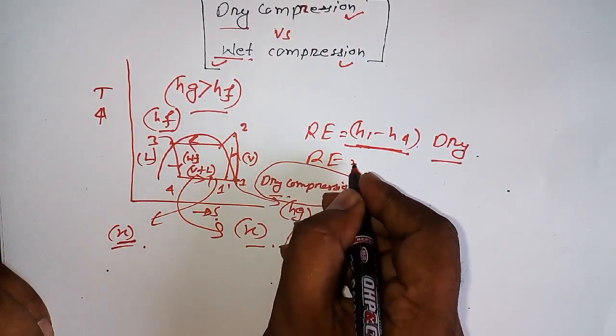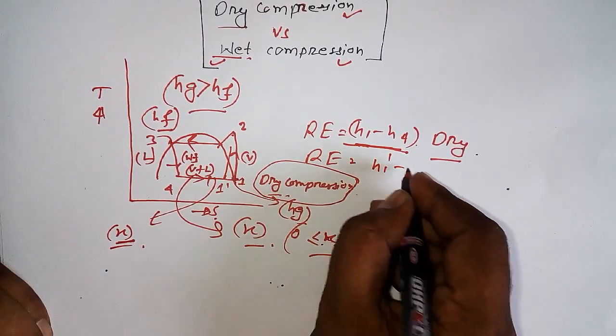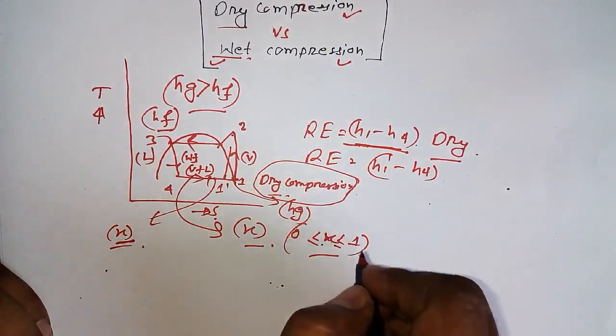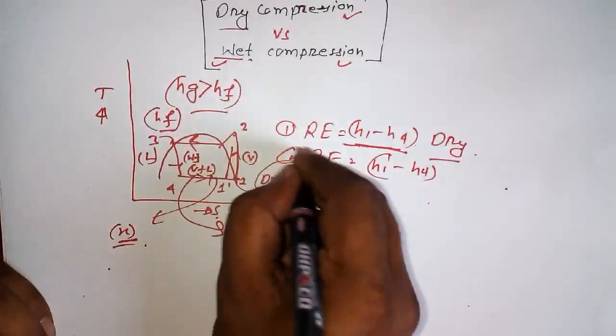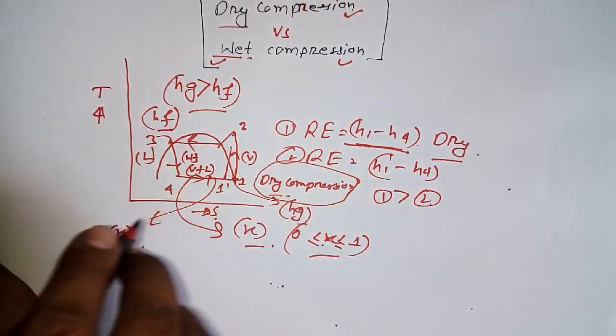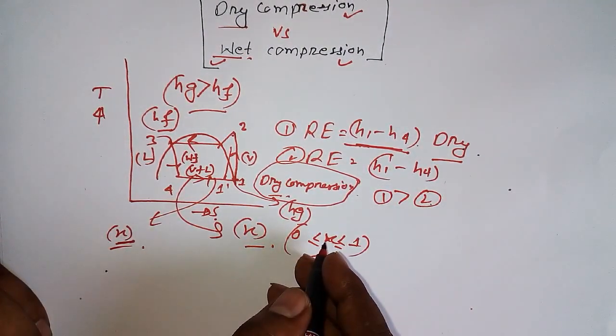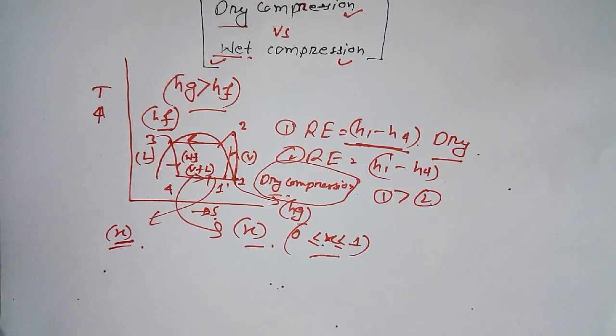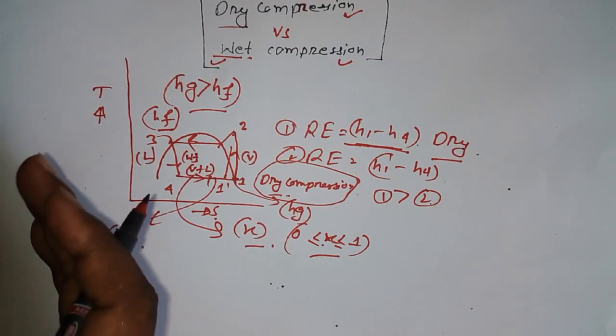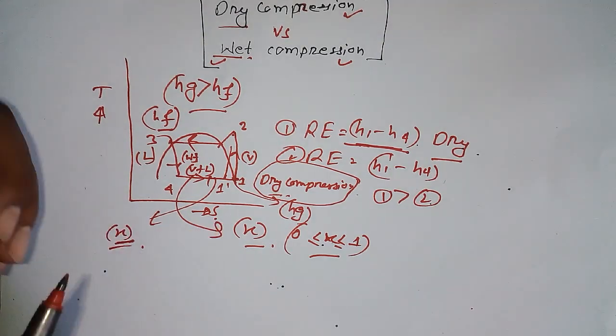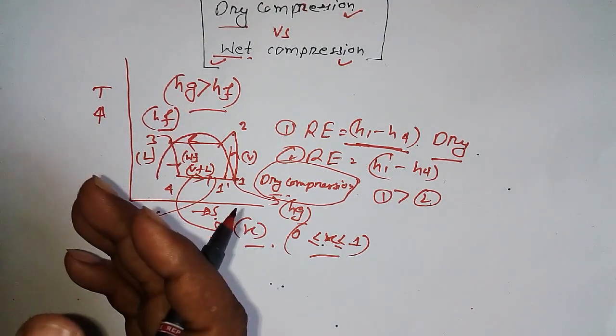If there is wet compression, then it is H1 dash minus H4. So which one is more, the first one or the second one? Obviously the first one is more than the second one. So this is the difference between dry compression and wet compression. That means if we have dry compression, then we'll have more refrigerating effect.